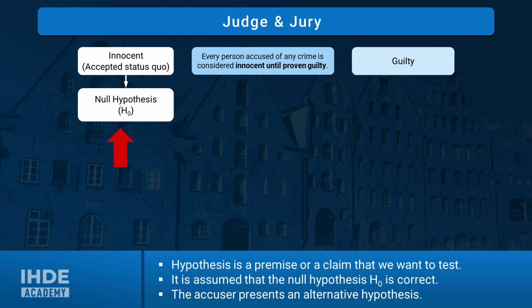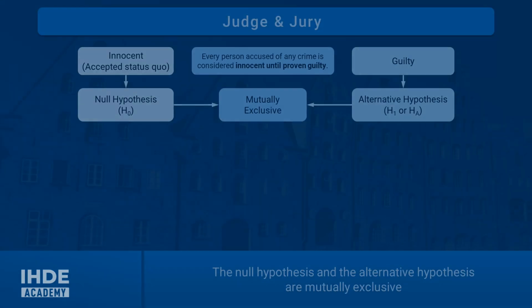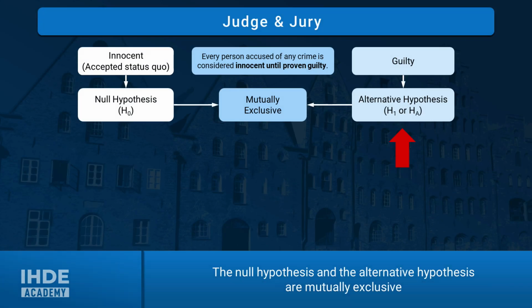Therefore, it is abbreviated with H0. On the other hand, we consequently have the alternative hypothesis, abbreviated H1 or HA. Both hypotheses are mutually exclusive. The verdict can be either guilty or not guilty, but not both.